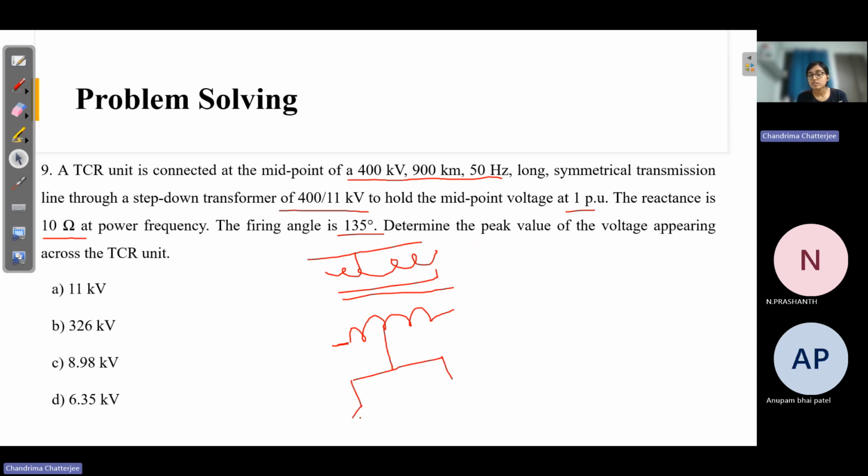I am just showing by switch like this, but they are actually thyristors. And then there will be the inductor.